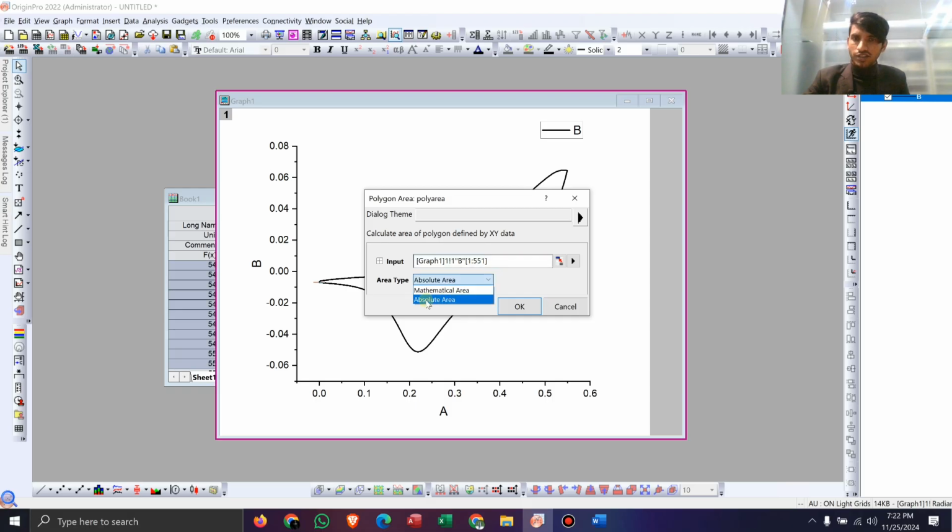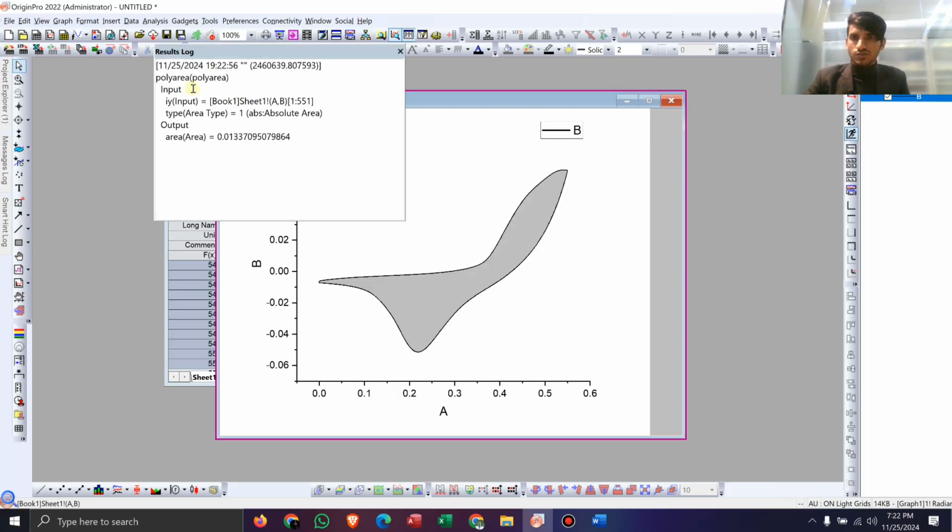We are going to find the absolute area for this polygon. After that, you have to click OK. Here, as you can see, the area that has been calculated has been marked in your graph, and here is your area value. You have to copy this value. This is the area that you are going to use to find the specific capacitance.